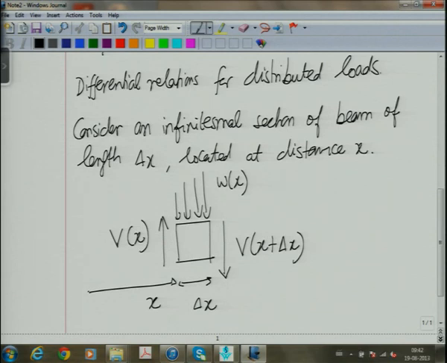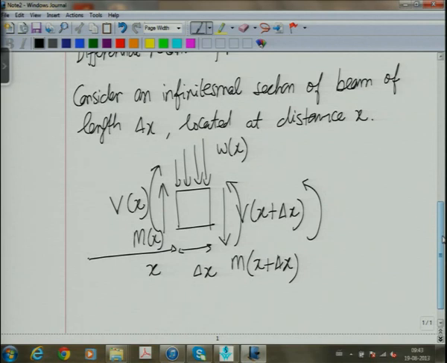Now similar to this we will have moments. The moment on this face I will put like this will be M at x plus delta x, and this moment here will be M at x. Okay, is that clear?